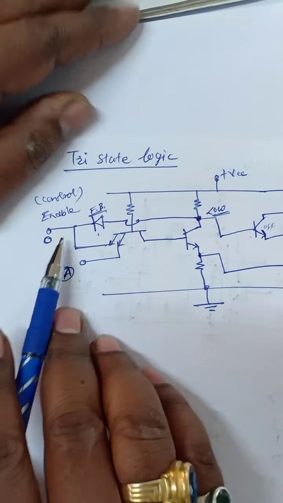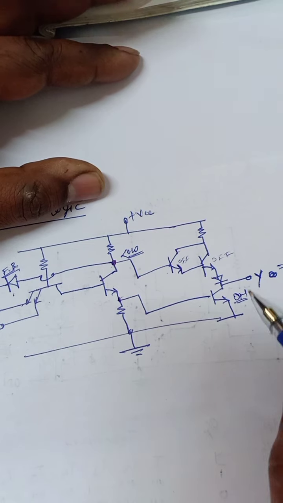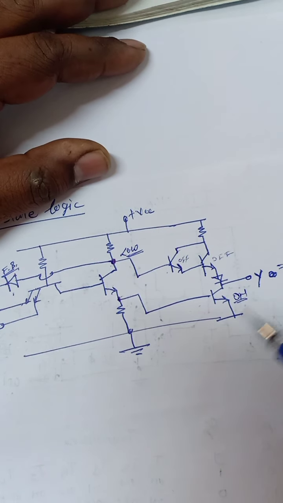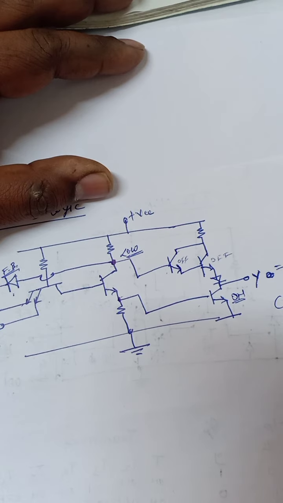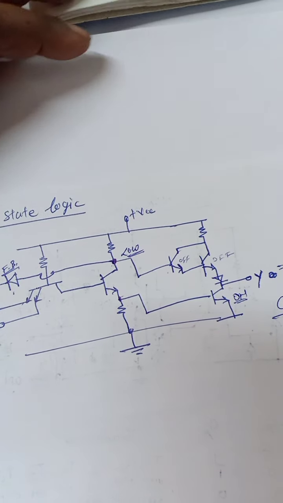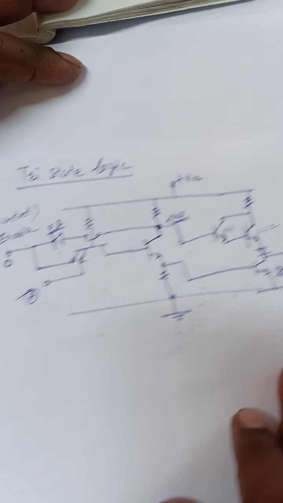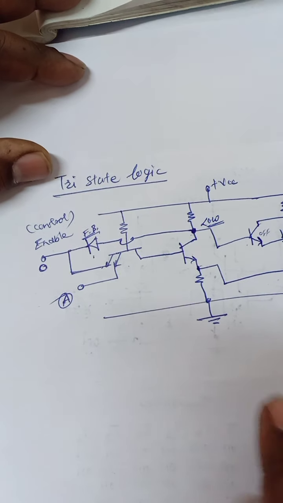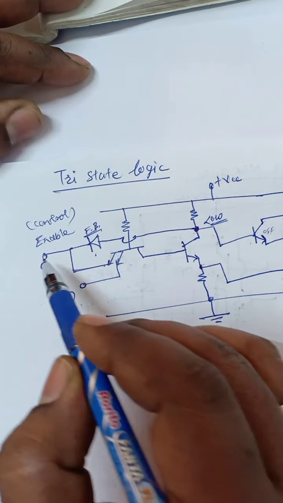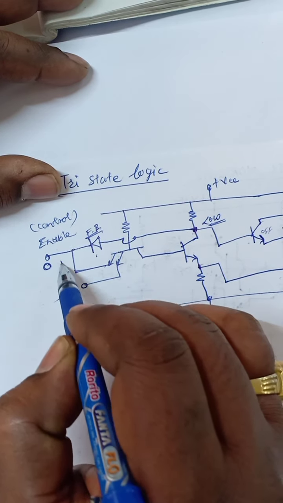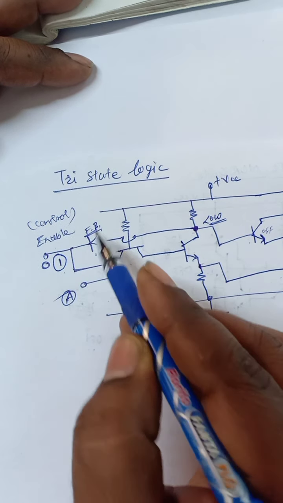So when enable is 0, this state remains in the same state and is called tri-state, the high impedance state. Now consider enable is in one state.